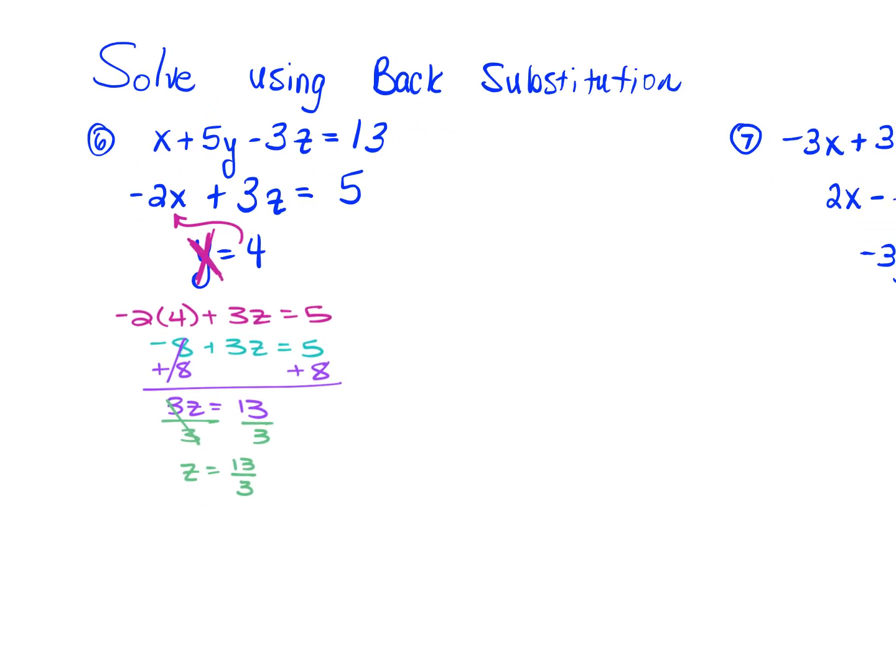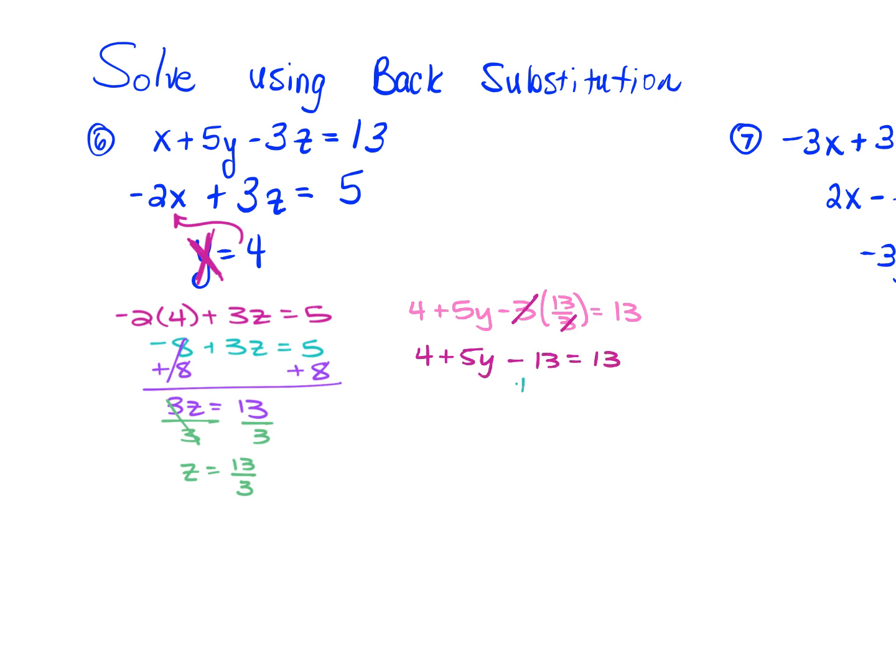From here, if we have x and z already, we're going to plug those both into the top equation. So that's going to give us x, which we said is 4, plus 5 times y minus 3 times z, which is 13 over 3, is equal to 13. The over 3 cancels out, so it's just 4 plus 5y minus 13 is equal to 13.